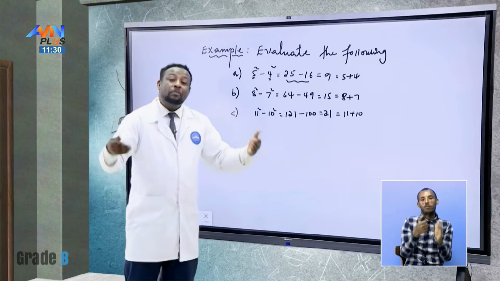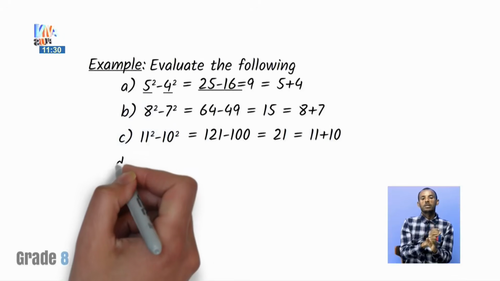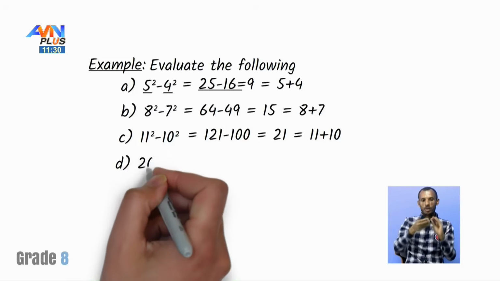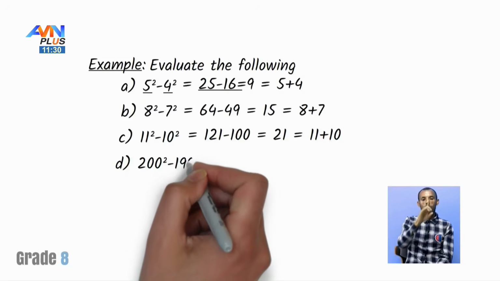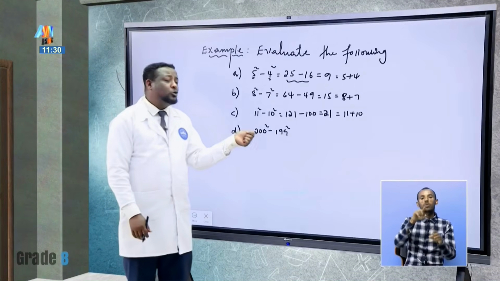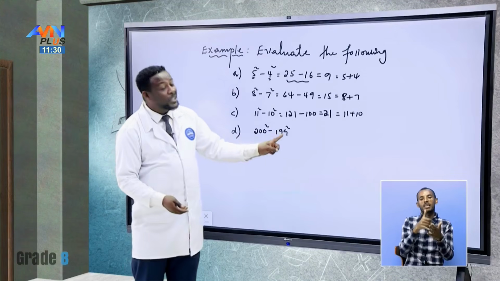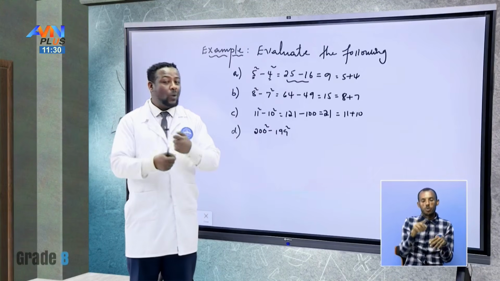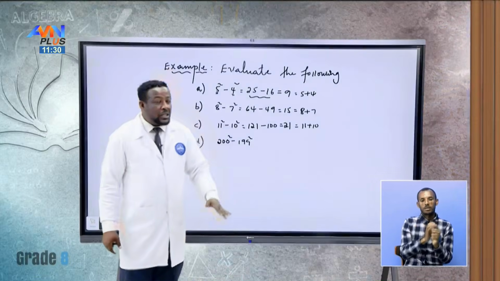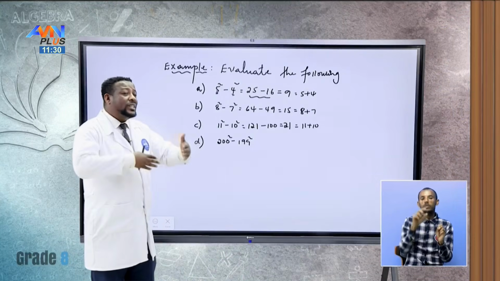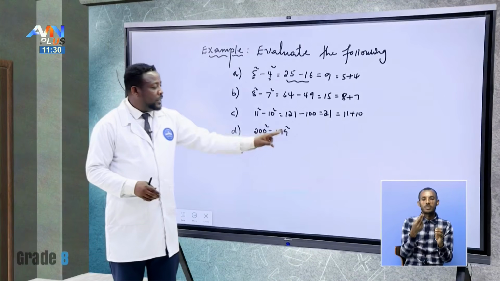For example, if you are asked to calculate such kind of big number, 200 square minus 199 square, you don't need to multiply 200 by 200. This takes time. You don't need to multiply 199 by 199 unless you have a calculator, right? So you can avoid these big calculations and use these bases.